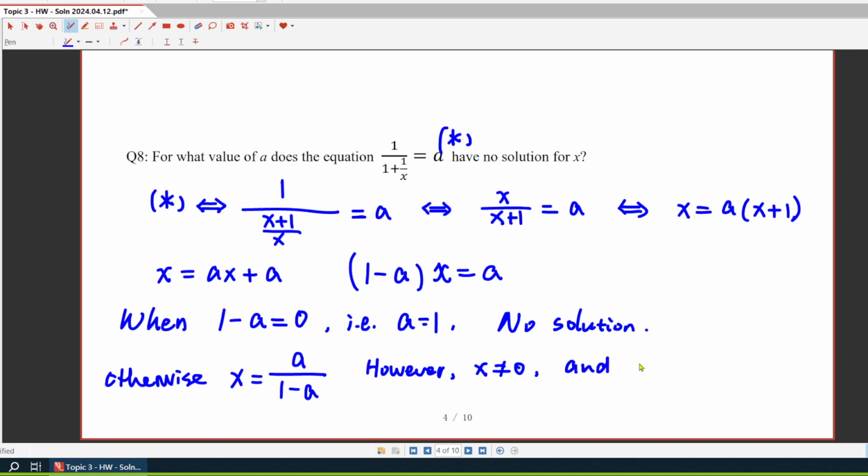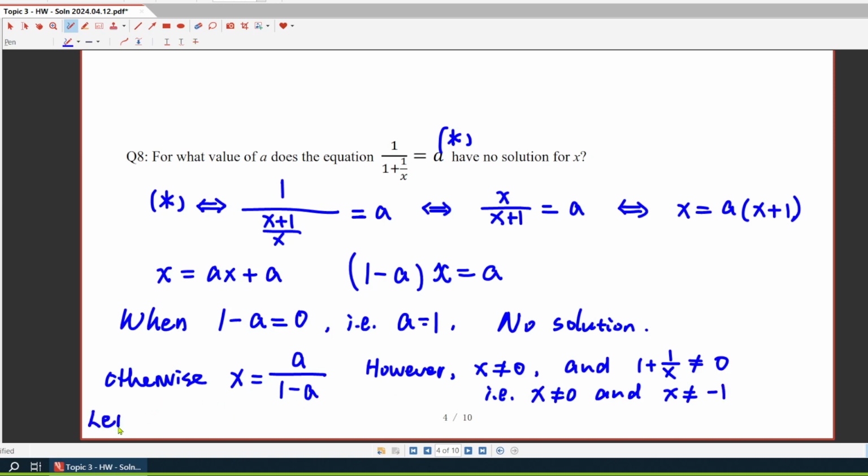And we also know 1 plus 1 over x cannot be 0, right? Because x in the position of denominator, 1 plus 1 over x is also in the position of denominator, which means x cannot be 0, and x cannot equal -1, right?